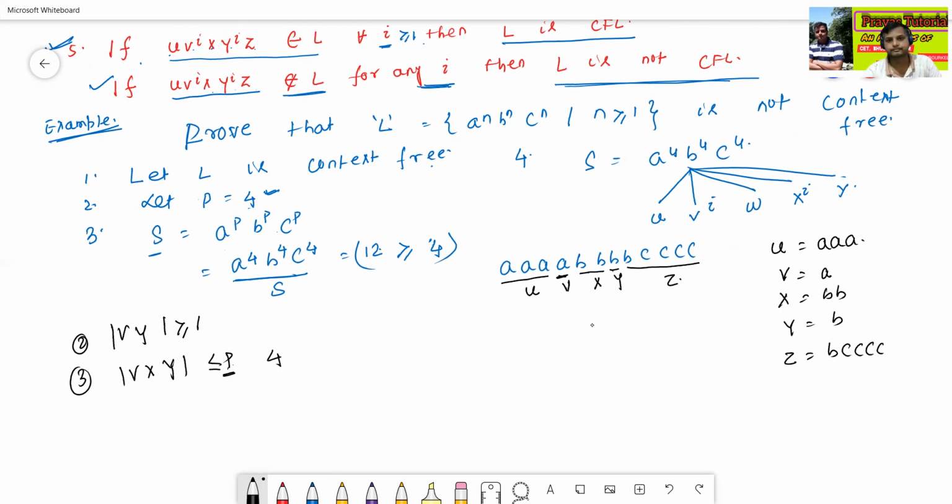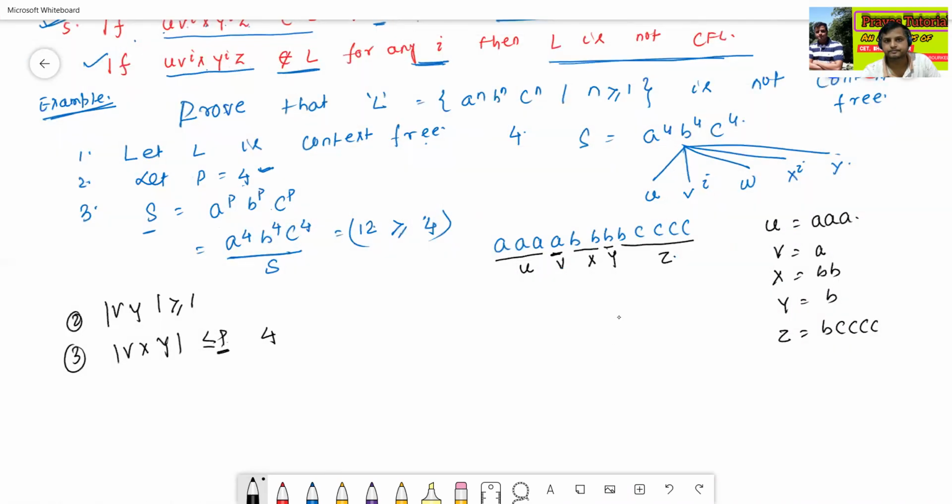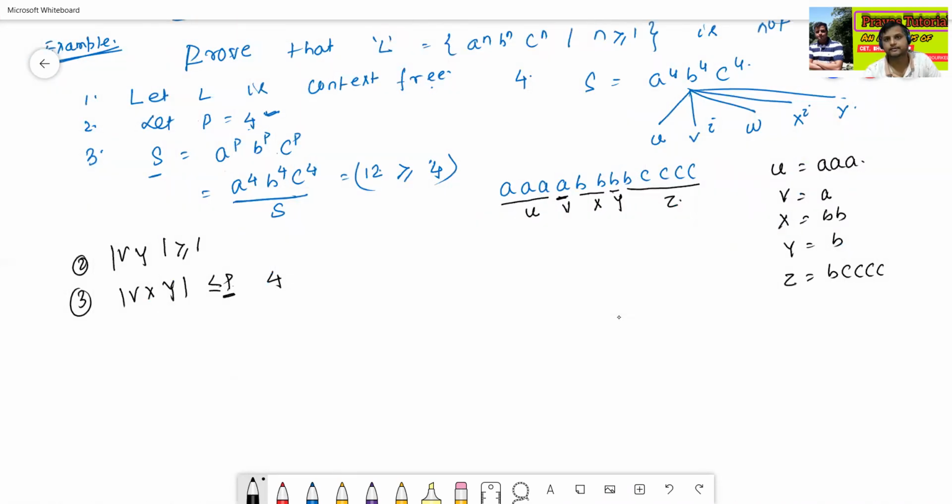If i equals 1, the length of vy must be greater or equal to 1. The length of vy, meaning AB, equals 2, which is greater or equal to 1.